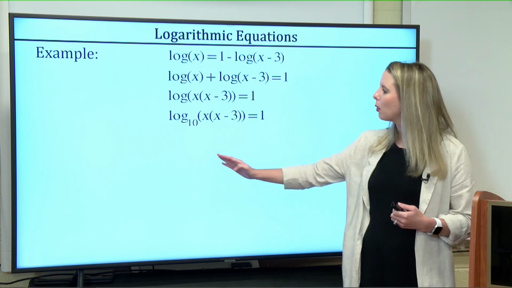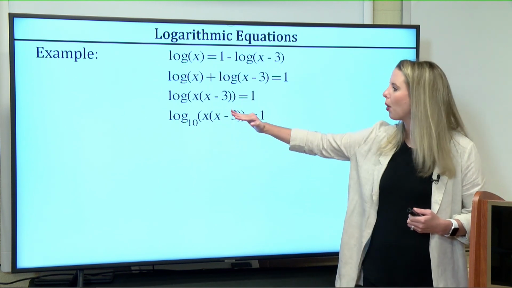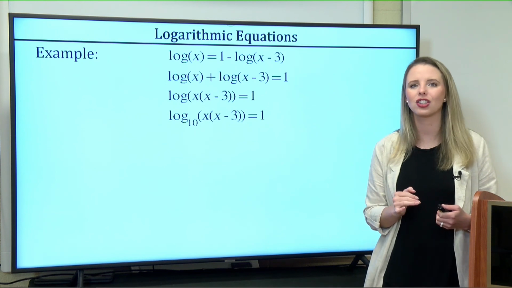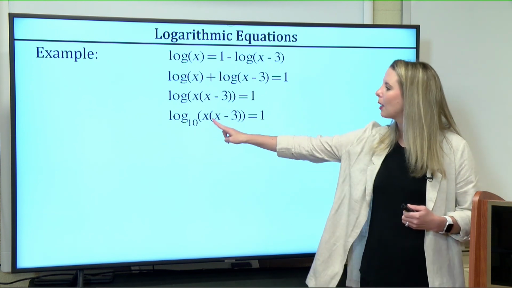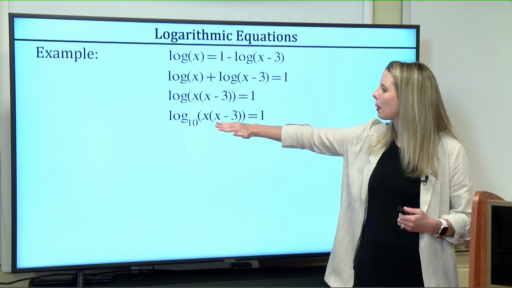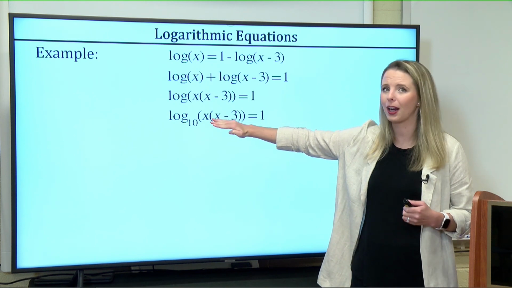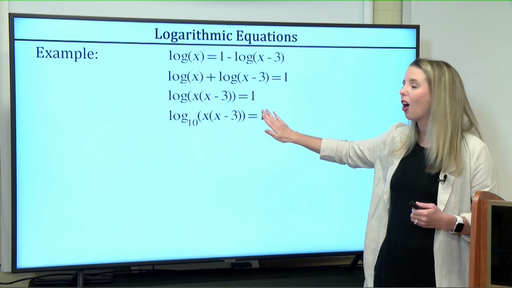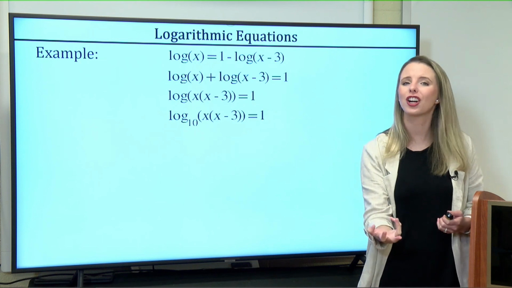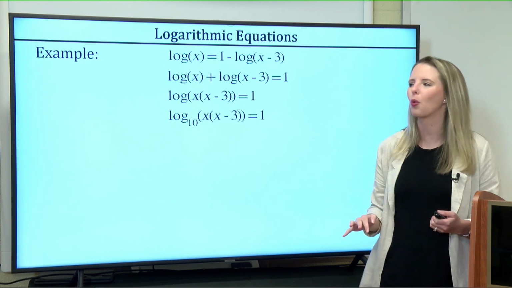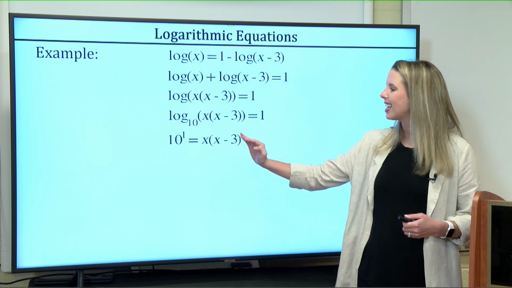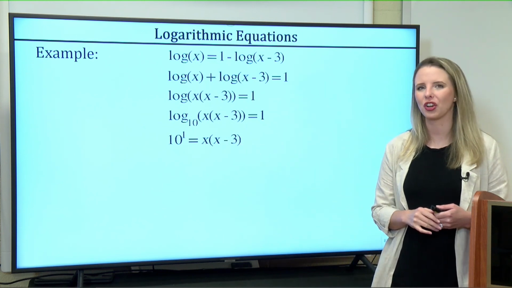So I'm saying, what do I need to raise 10 to in order to equal x times x minus 3? Remember, 10 was already paired with this expression right here, so it can't be paired with it the second time. Our log already equaled 1, so our exponential function needs to equal something else. It can't equal 1 anymore.